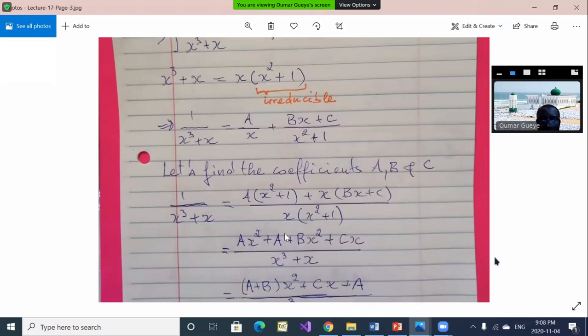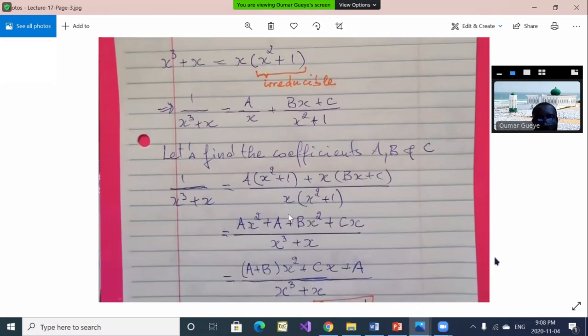Now I'm going to rearrange the whole thing, keeping all terms containing x squared together. You can see the coefficients of x squared are A and B. So we can write it as (A plus B) times x squared when we factor out the x squared, and we get Cx plus A. Now we have to compare the equation on the left and the equation on the right, because they are equal.